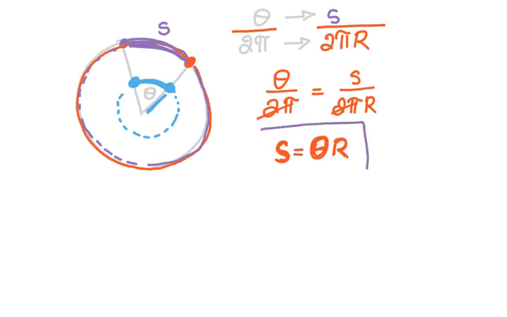So the linear distance s is proportional to the angle and the radius. The bigger the radius, the bigger the linear distance the object travels for the same angle.